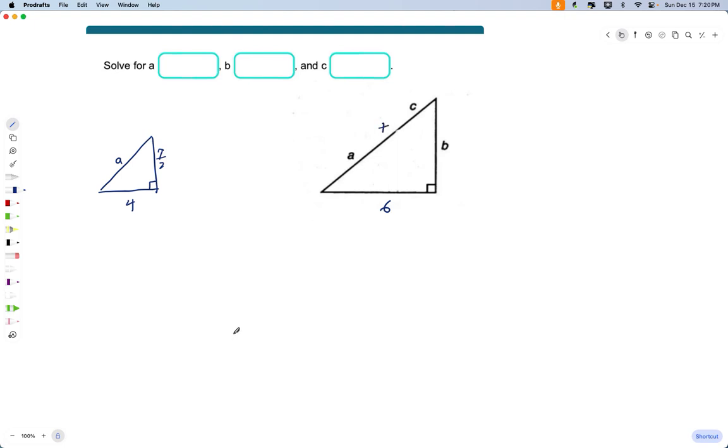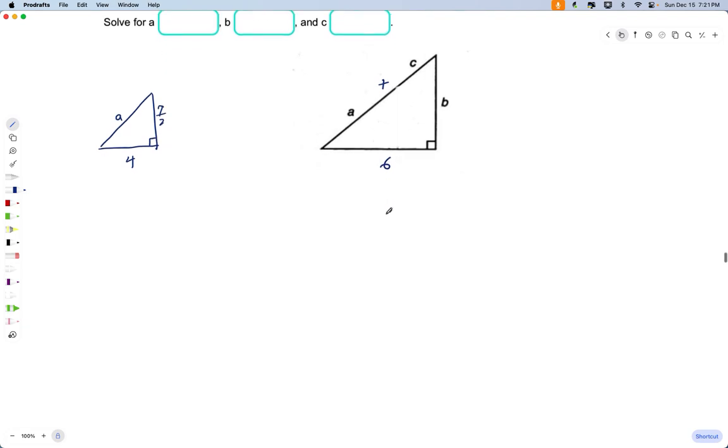All right, so what we see here is we have a base that is the same. We have numbers that we can either use a scale factor or we can use a proportion. So what I'm going to do is I'm just going to write the base, and we're going to call this triangle the left triangle and the right triangle. All right, so the left triangle over the right triangle.